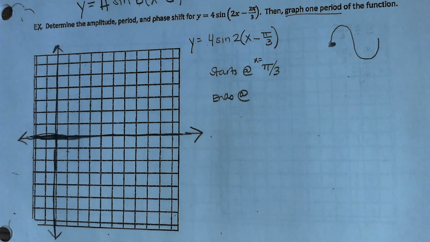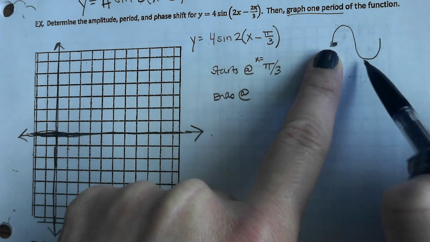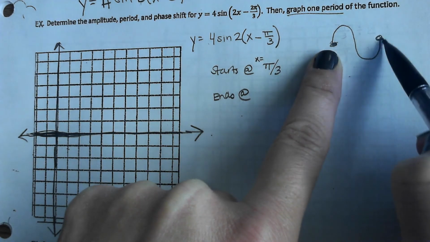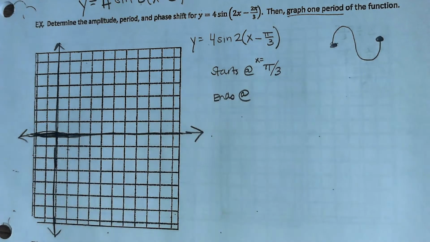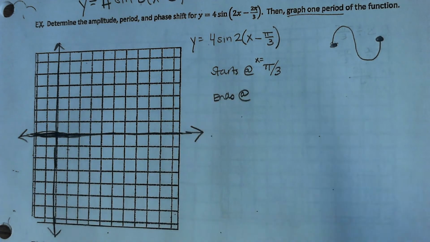And there's my start set point. My 1 cycle is going to end a full period later. So we're going to add a period onto this, but how long is a period? It is normally 2 pi, but this has been horizontally stretched or compressed, so that's going to change the period.